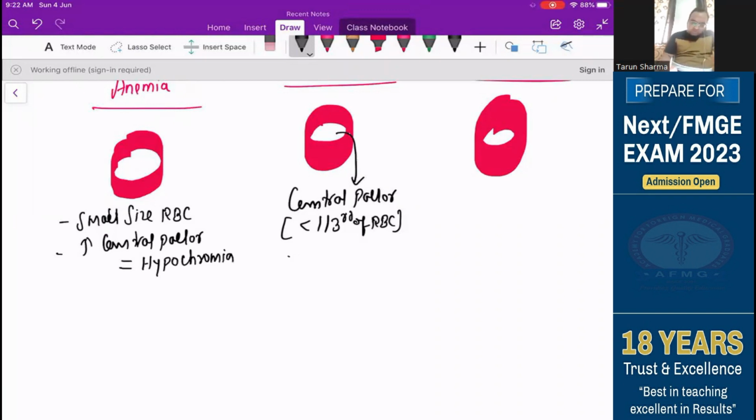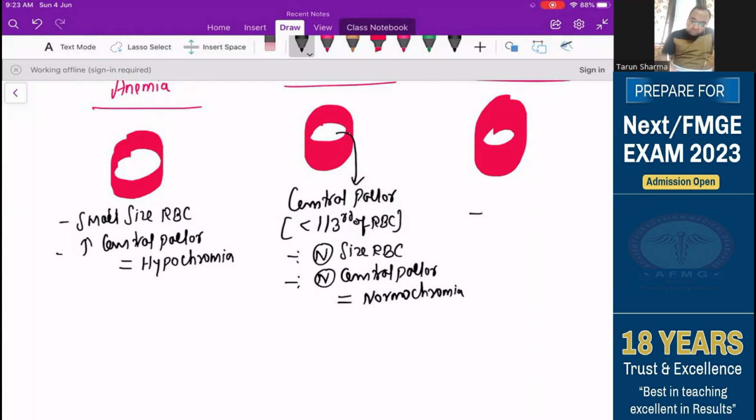Here there is a normal size RBC and it will have normal central pallor, and normal central pallor equals normochromia. Here there will be an increased RBC size and a normal central pallor, that equals normochromia.